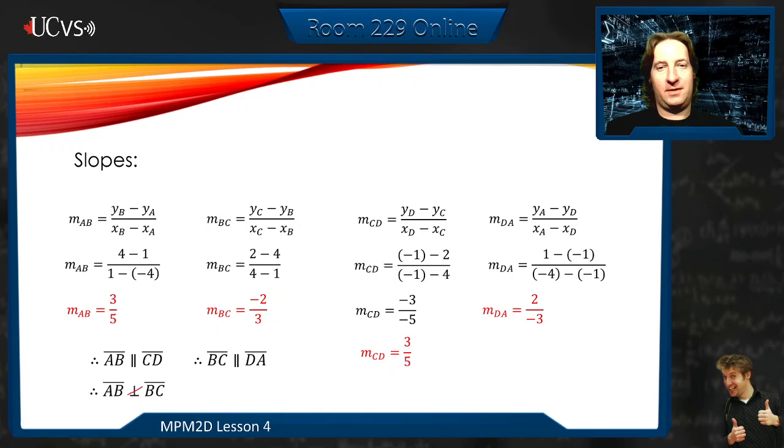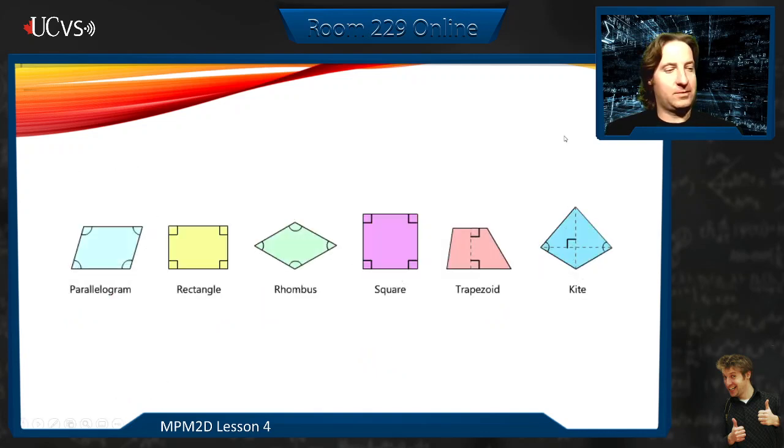Okay, so what can we figure out just from that information? Could it be a parallelogram? Does that have parallel sides? Yes, so it could be that one. A rectangle has 2 sets of parallel sides. Rhombus, square, trapezoid. Oh, can't be a trapezoid. What about a kite? A kite has no parallel sides.